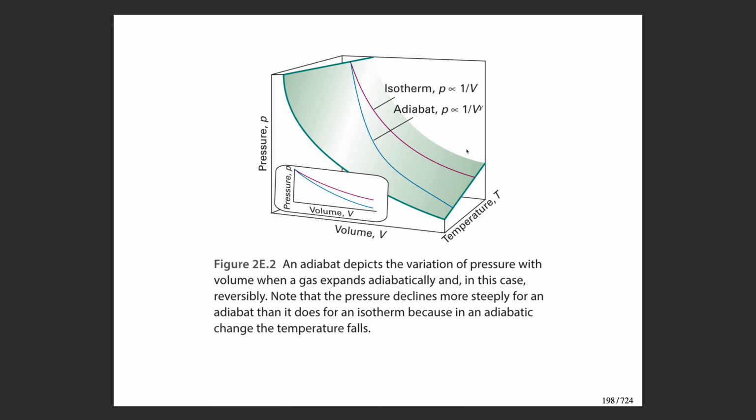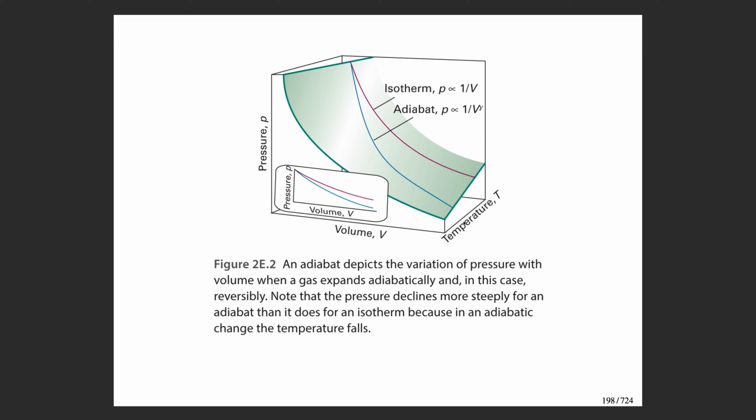This slide shows you the difference between an expansion along an isotherm, where temperature is held constant. So everywhere along this curve, the temperature has the same value. Compare that to an adiabat curve here, where as the gas expands, the temperature drops.